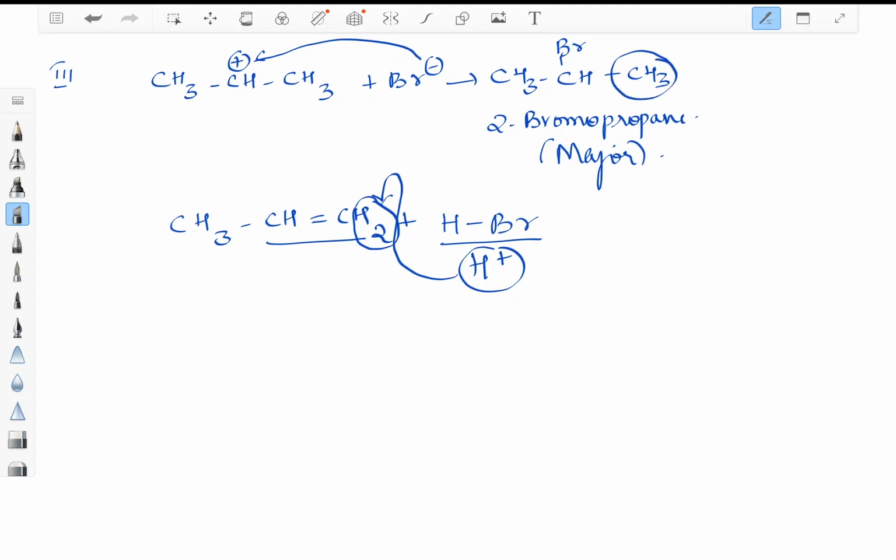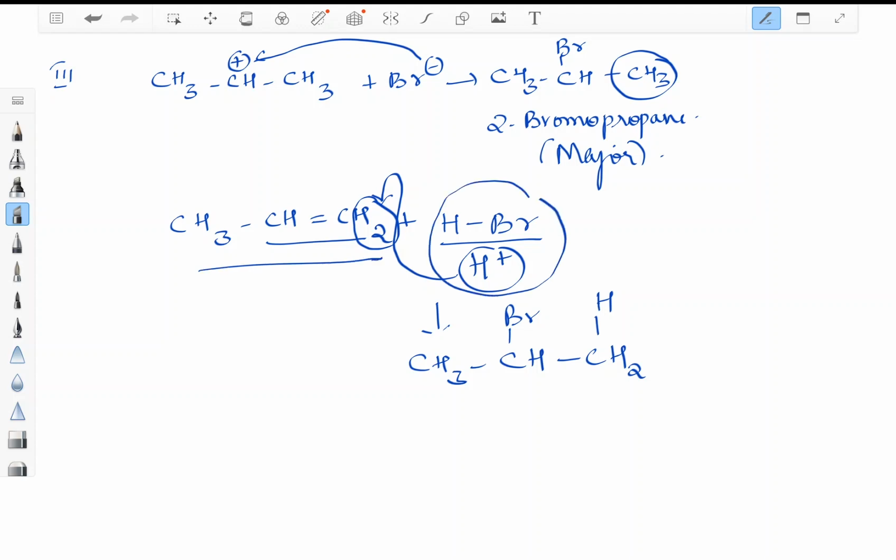And the compound we are getting at the end is CH3 CH Br CH3. If you don't remember the mechanism also, Markovnikov's statement says that when an unsymmetrical alkene such as propene reacts with an unsymmetrical reagent, that is HBr, the positive part of your reagent, that is proton, attacks that double bonded carbon which has the highest number of hydrogen.